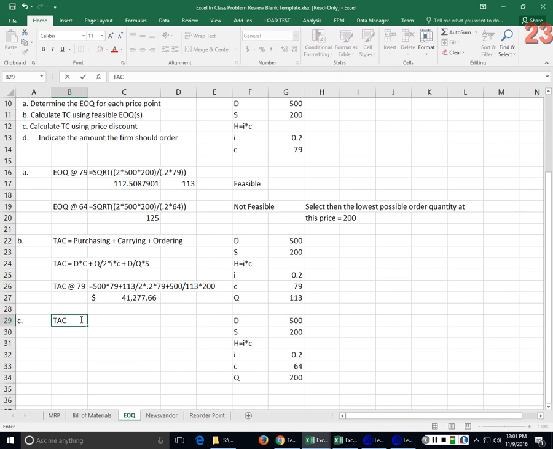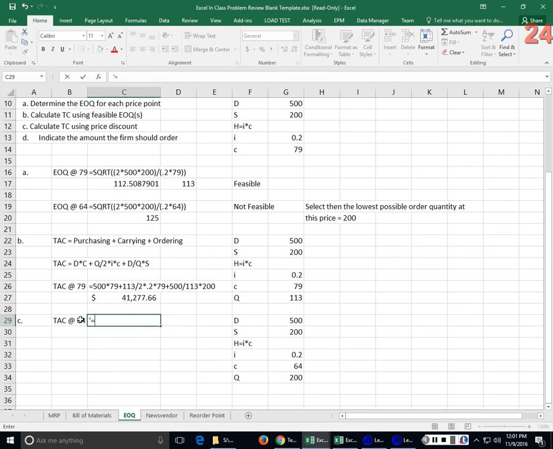So my total annual cost at 64 is equal to, and remember I said you have to substitute 2 Qs and 2 unit costs, okay? So I'm going to substitute out my cost here and here, and the quantity ordered here and here, okay?